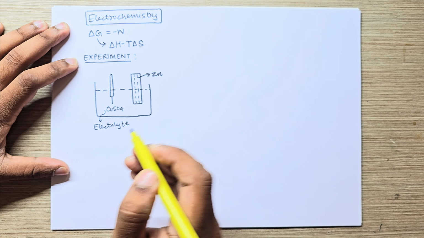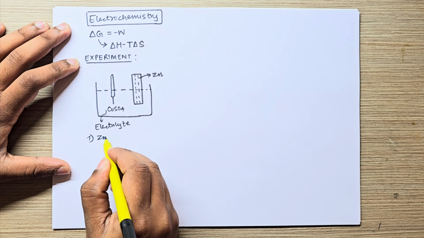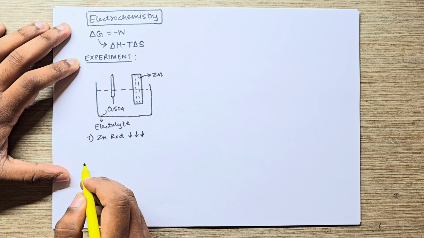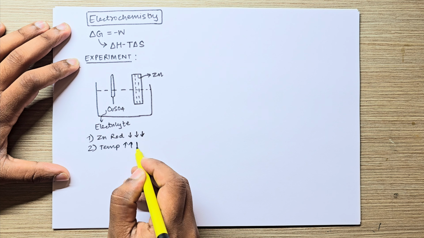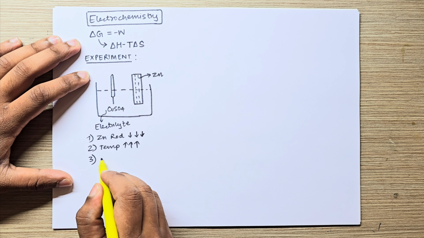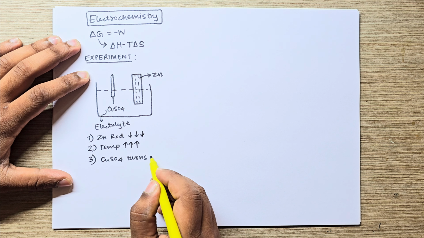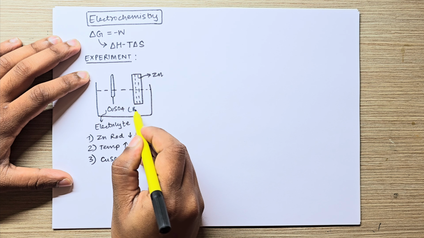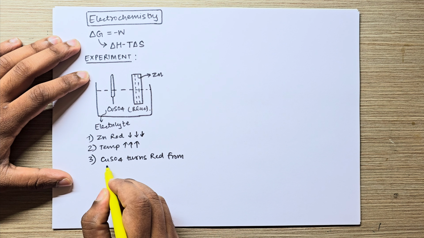The first thing is that the zinc rod becomes thin and becomes less, the second thing is that the temperature rises, and the third thing is that the CuSO4 solution, which was actually blue, turns from blue to red after some time.